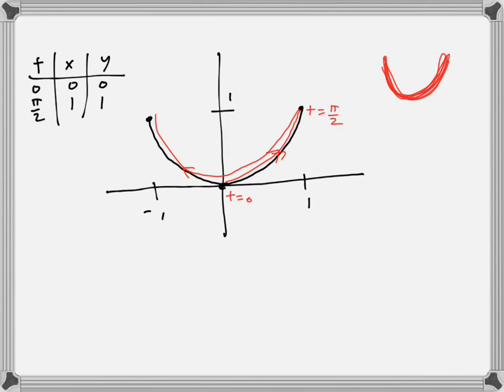Then when we plug in pi, sine of pi is 0. Sine squared is 0. And so we're back to here. In other words, it just came back.